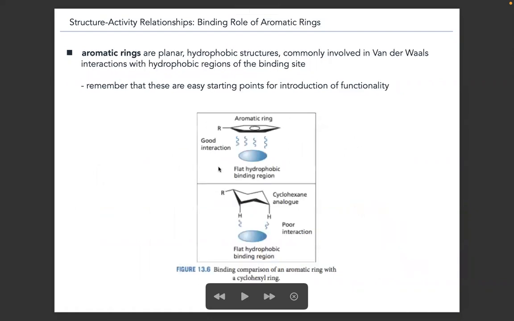Heading over to aromatic rings. These aren't going to play a huge role, I think, for you in terms of really rationalizing binding in a binding site or an active site. But what I will say is they're chalked up to being able to create really good van der Waals interactions.